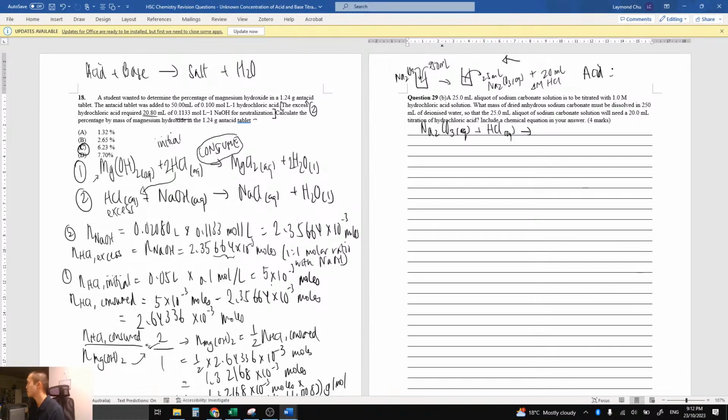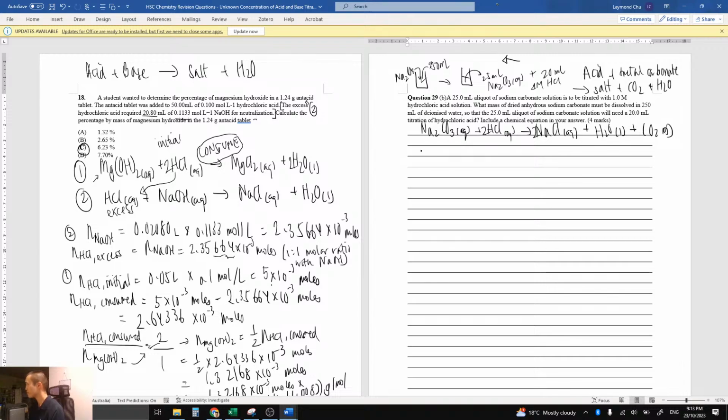It's an acid plus metal carbonate, which gives us our salt, CO2, and H2O. So our salt here is NaCl aqueous plus H2O liquid plus CO2 gas. I need to balance this. Is it balanced? Yes, perfect.